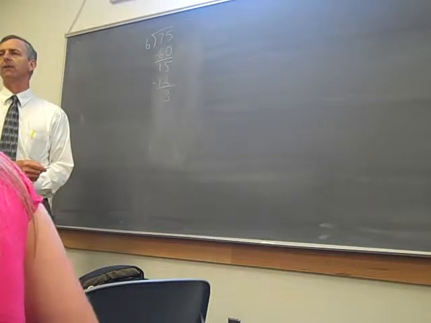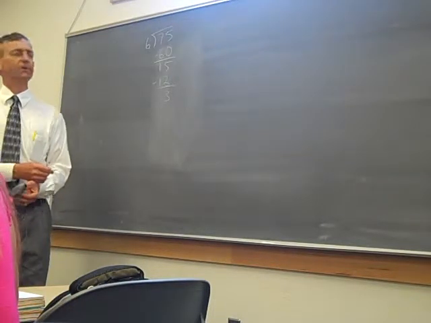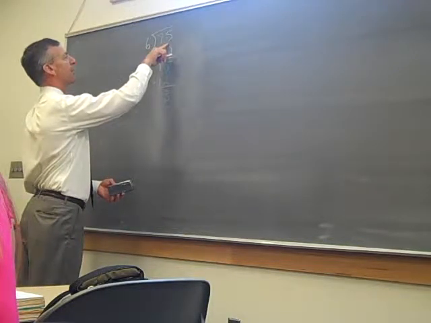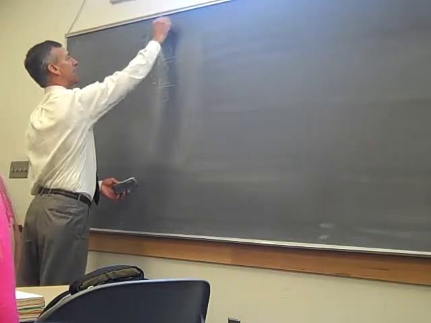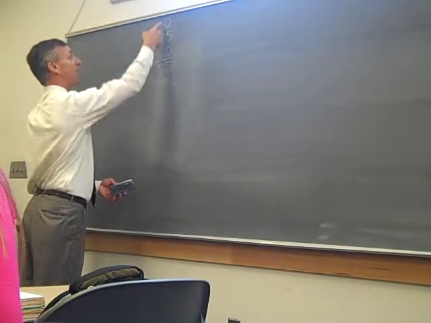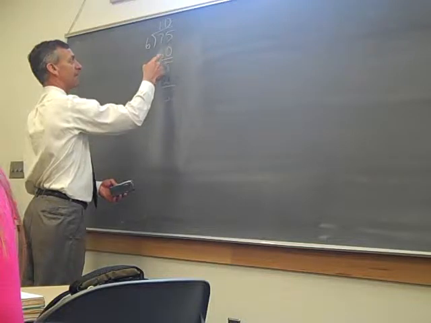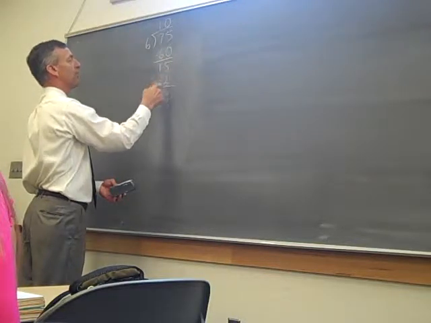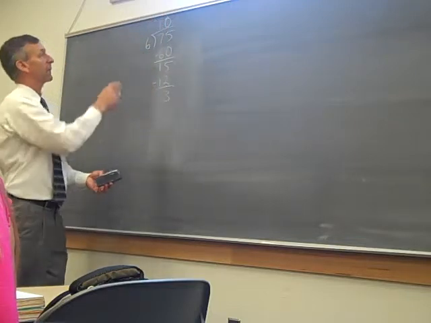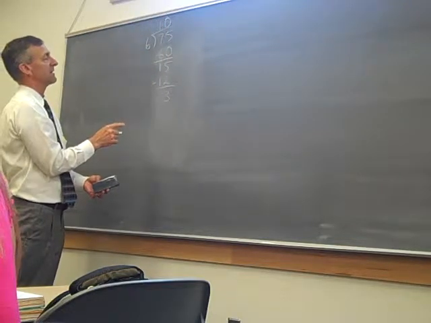Now, the instructional algorithm for division works like this. I take, this goes into here, and I write how many times that was. 6 goes into 75 10 times. And then I have 12 left over, so it goes in 2 times. I write the 2 up above that.